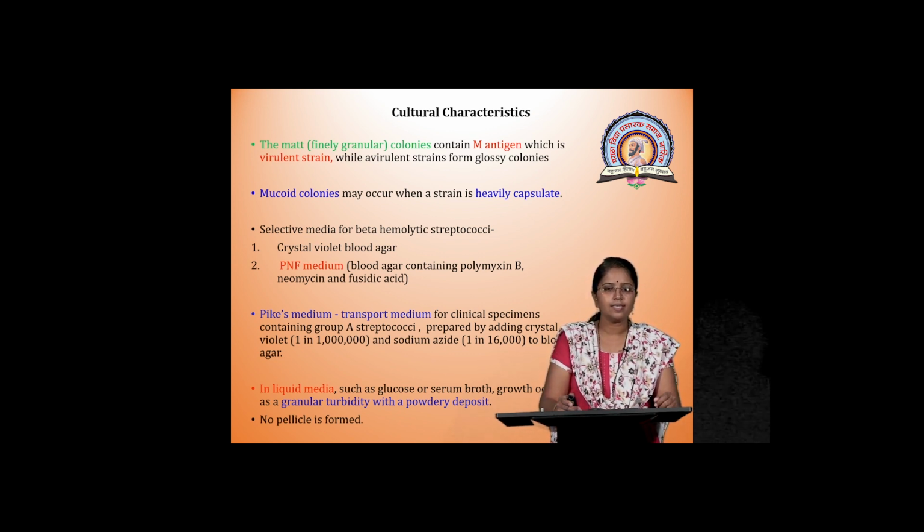If the clinical sample has group A streptococci and the laboratory is far away, or it takes a long time to reach the laboratory for isolation, the specimen collected from the patient is put into Pike's medium and then sent to the laboratory. Pike's medium is prepared by adding crystal violet and sodium azide to blood agar.